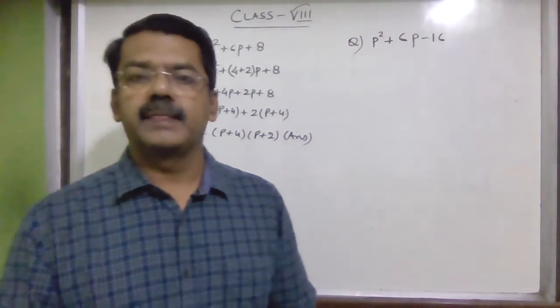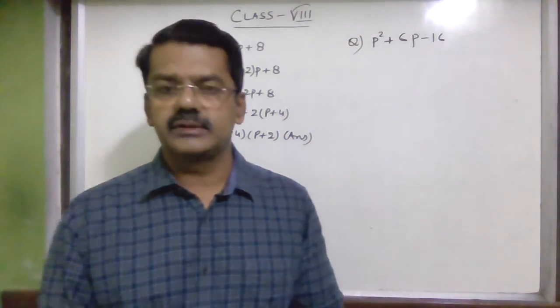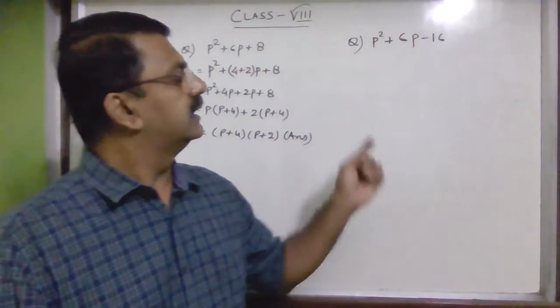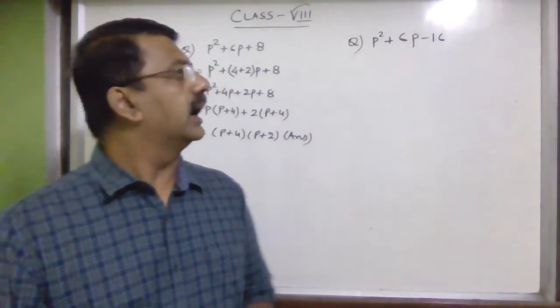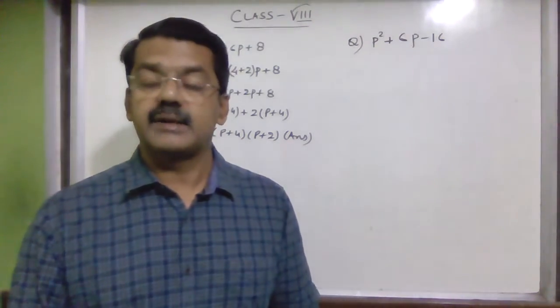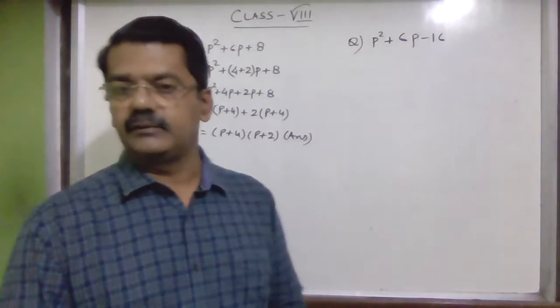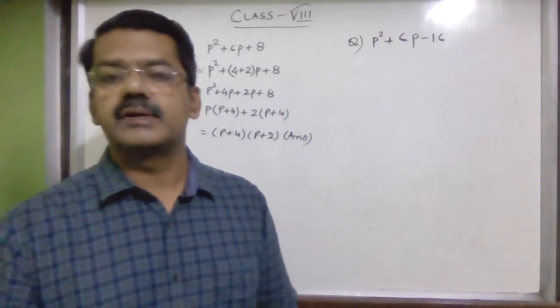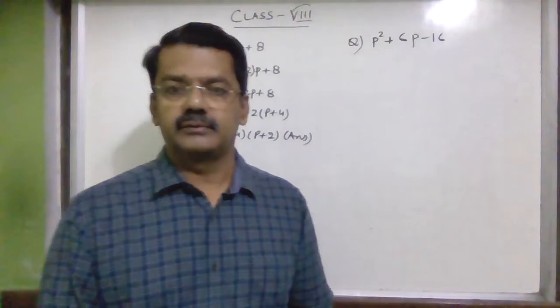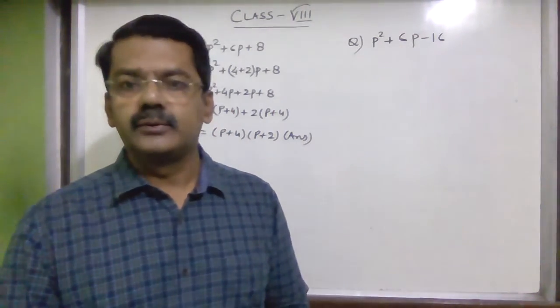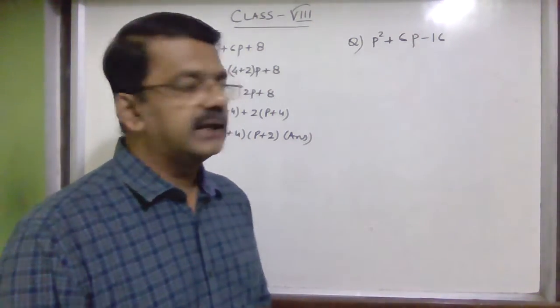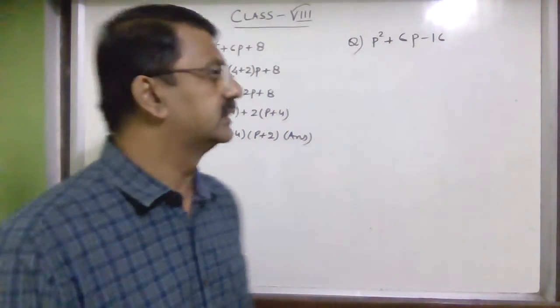I repeat, two numbers which when multiplied give 16, and when subtracted give 6. So the numbers are 8 and 2, because 8 into 2 is 16 and 8 minus 2 is 6.